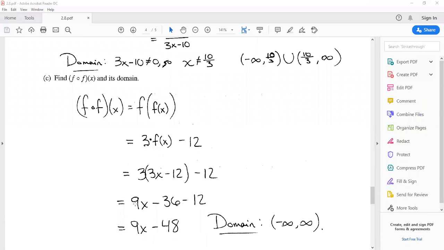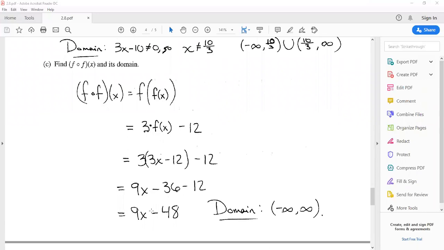So we'll get 9x minus 36, and then minus 12, which simplifies to 9x minus 48. And since the inside function, f of x, had no issues with its domain, and it looks like the ending function, f of x, doesn't have any domain issues either, the domain will be all real numbers here.